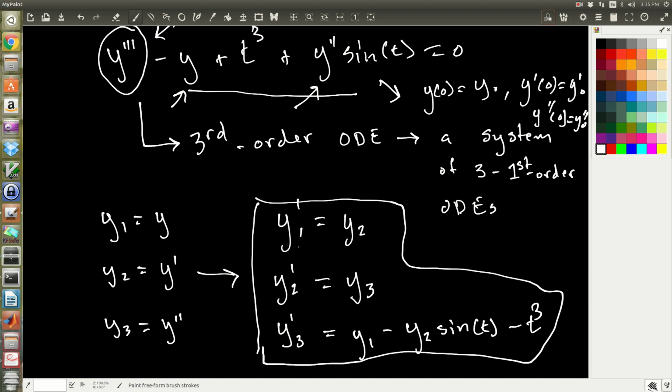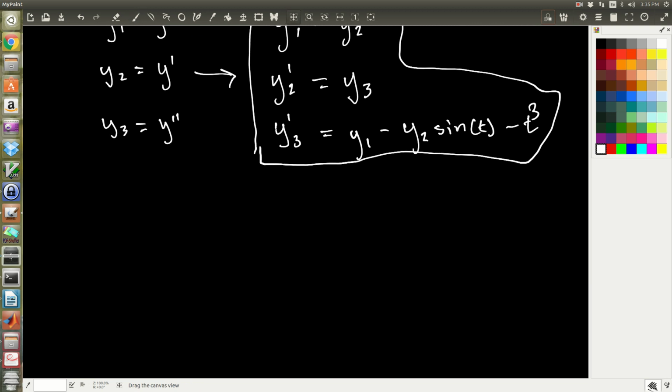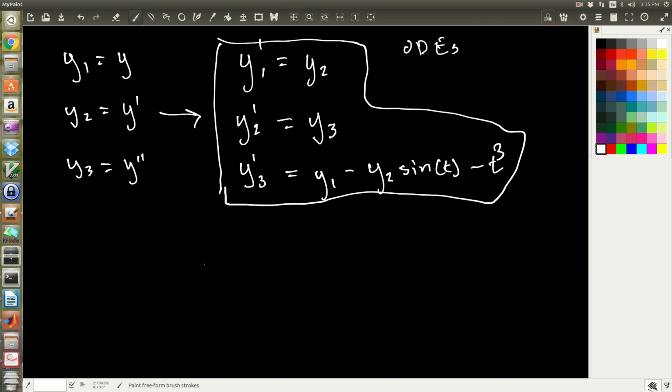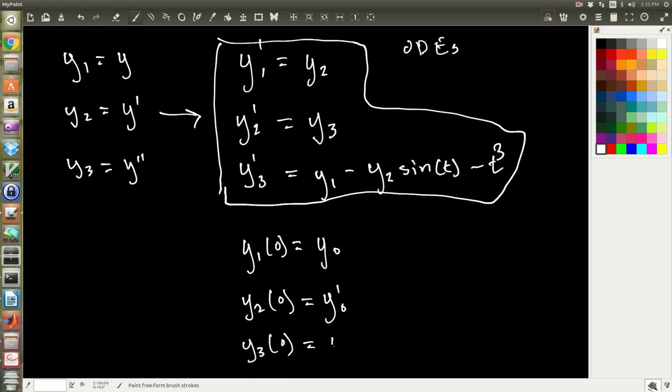Alright, so those are the system of ODEs. Technically their auxiliary conditions are part of that system, so I would say y1 at 0 equals y naught, y2 at 0 equals y prime naught, and y3 at 0 equals y double prime naught.